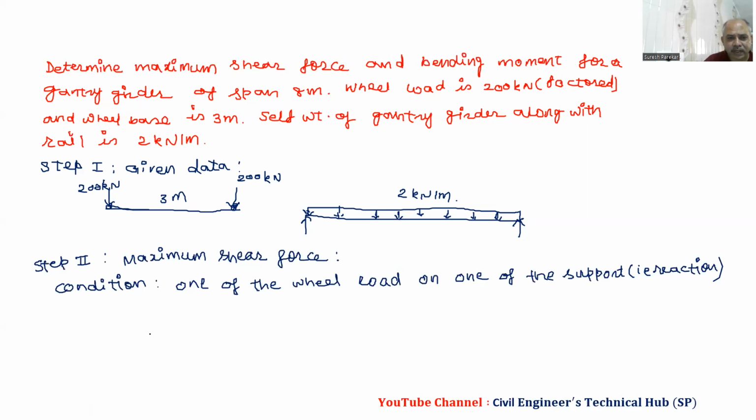Now I will draw the diagram. So we have this as 8 meter, and UDL we have 2 kilonewton per meter.